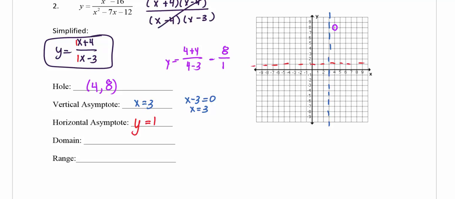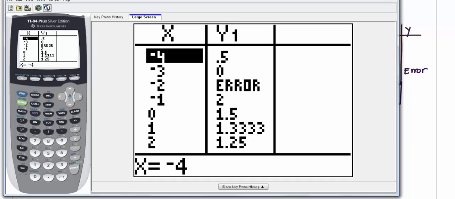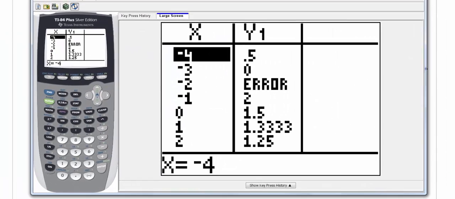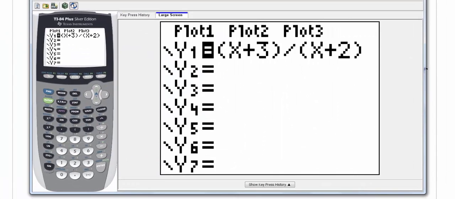And then I need to make my graph. So I need an xy table to help me out. And again, my vertical asymptote is at 3, so I already know I'm going to get an error, and my branches need to be on both sides. So go ahead and take out your calculator and go to y equals, and this time we're going to have x plus 4 over x minus 3.